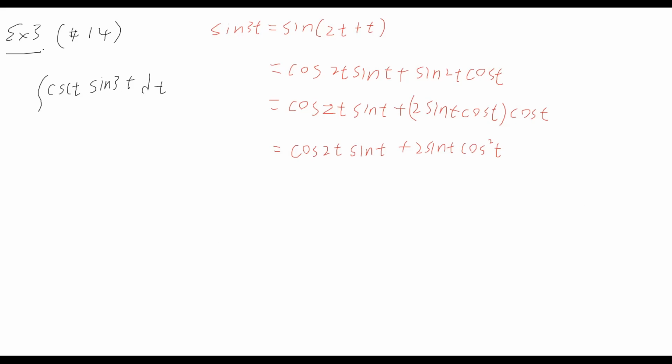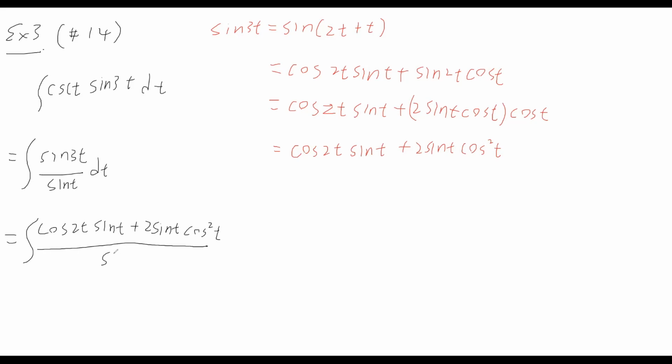Let's put that back in here. First, I'm going to write cosecant and put it in the denominator as sine. So we have sine 3t over sine t dt. We're going to replace sine 3t with this whole thing: cosine 2t sine t plus 2 sine t cosine squared t, over sine t dt.